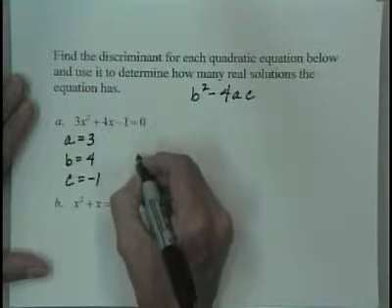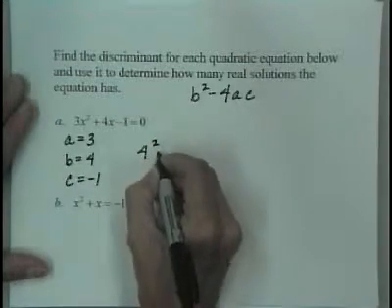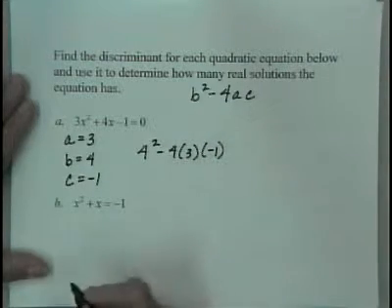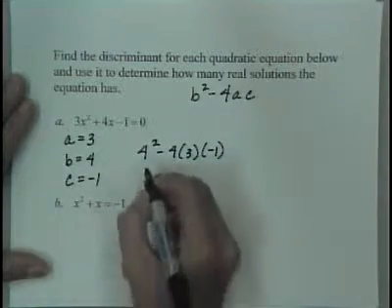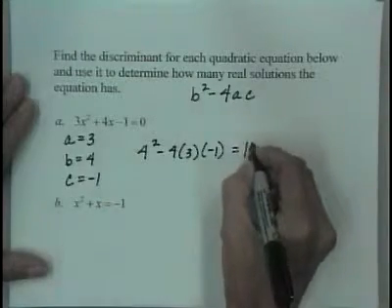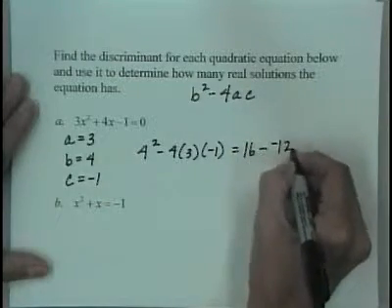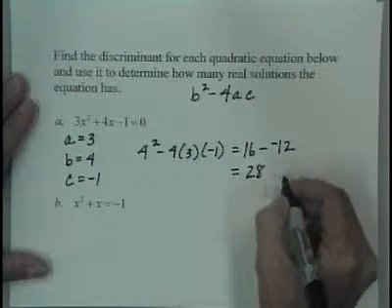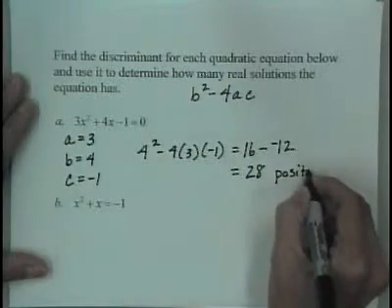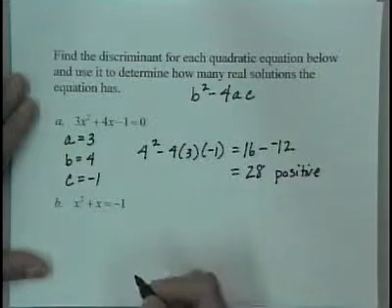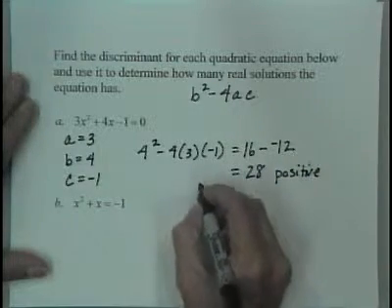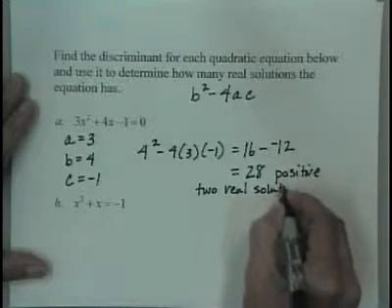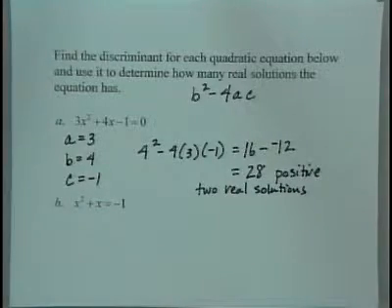The discriminant will be 4 squared minus 4 times 3 times negative 1. Simplifying, that's 16 minus negative 12, or 28. Since that's positive, there will be two real solutions to the quadratic equation.